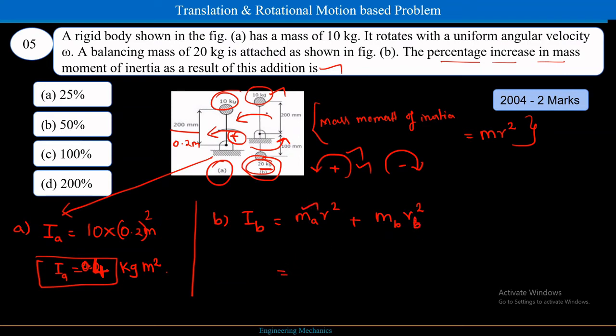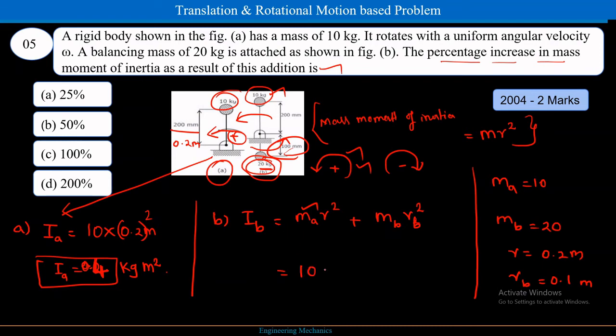So what is my ma? Ma is 10, mb is 20, r is 0.2 meter, and rb is what is given here, 100, so I can take it as 0.1 meter. So ma is 10, r square is 0.2 square, plus mb rb is 20 into 0.1 square, which is equal to, what is my final value?